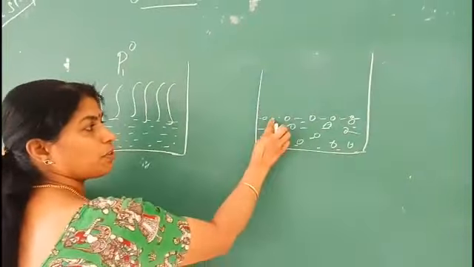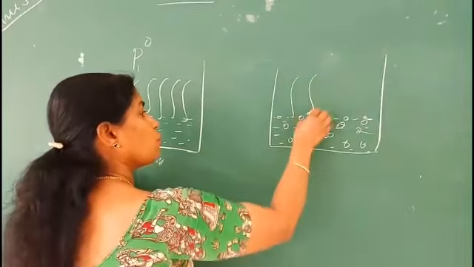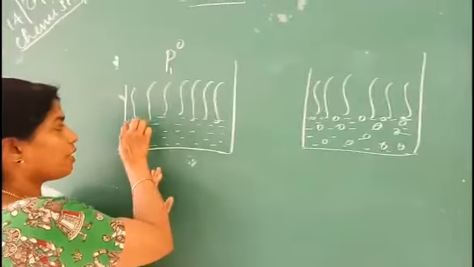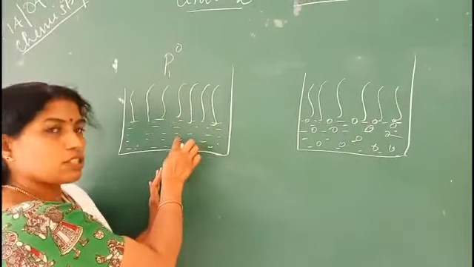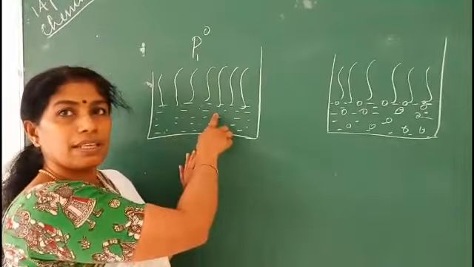As the number of moles of volatile liquid decreases, the vapor pressure of this solution also decreases. You can see that this vapor pressure is directly proportional to the number of moles of the solvent, or the volatile component, present in the solution.